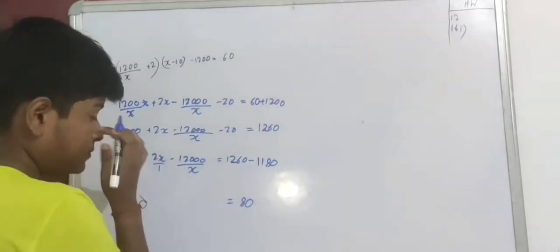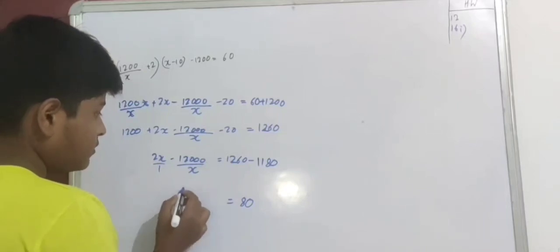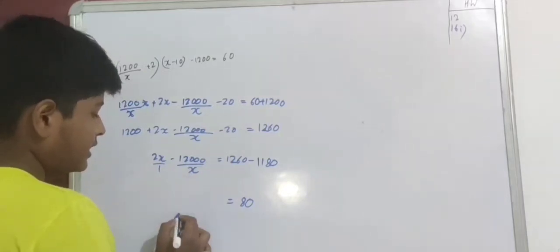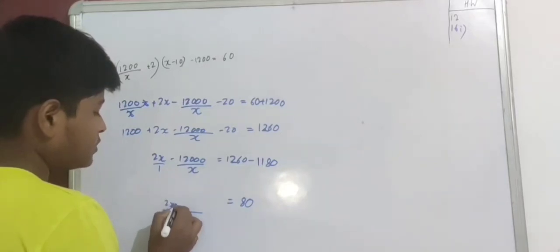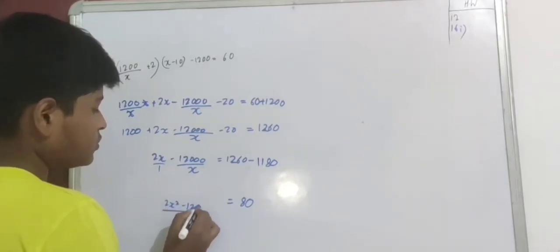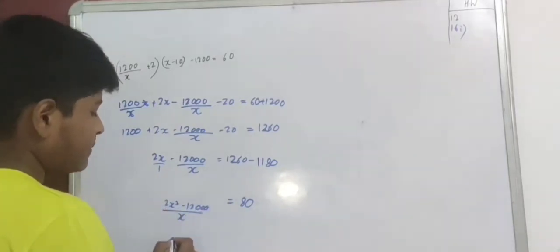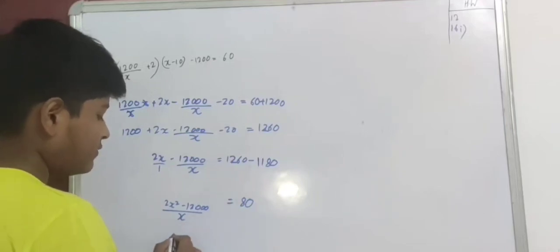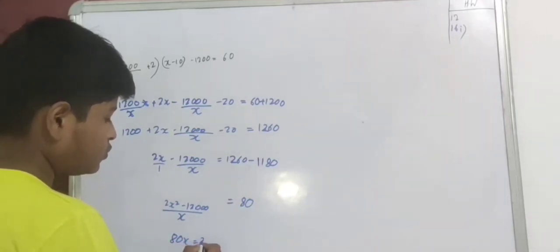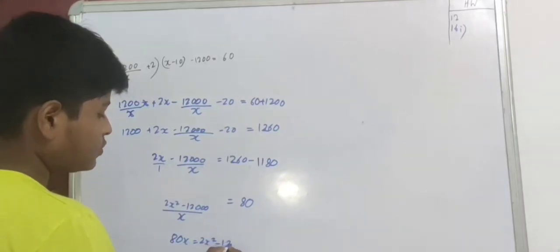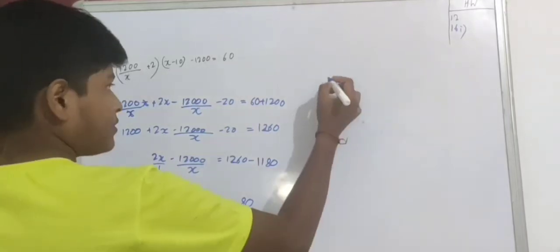Now taking the LCM again, LCM as x, we have 2x square, then we have 1200. Now x will go that side with 80. We will have 2x square minus 1200 is equal to 80x. It can be written as this also.